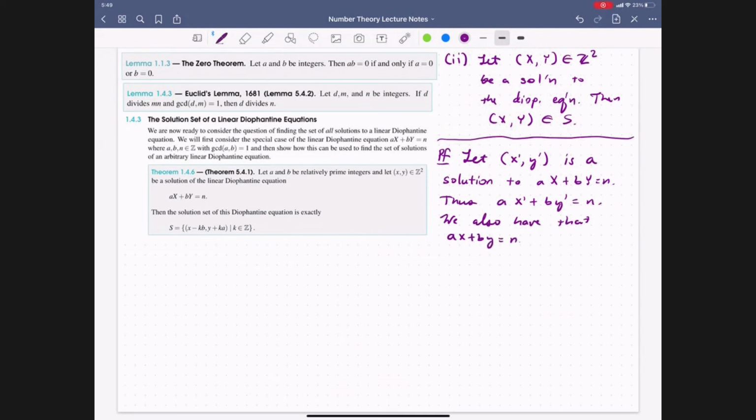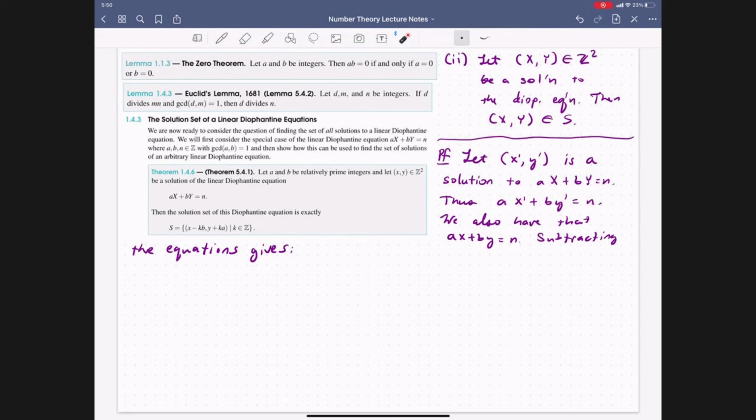So subtracting the equations, we're going to subtract these two equations from here. I'm going to subtract ax plus by from this equation.